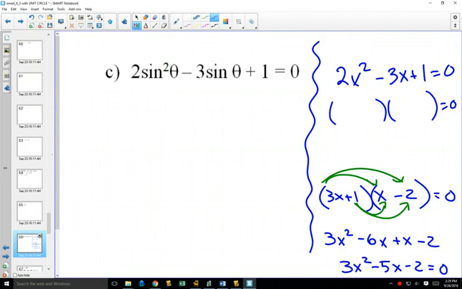Now multiplying things out is easy, or easier. Going from here to here is much easier than factoring and going back from there to there.